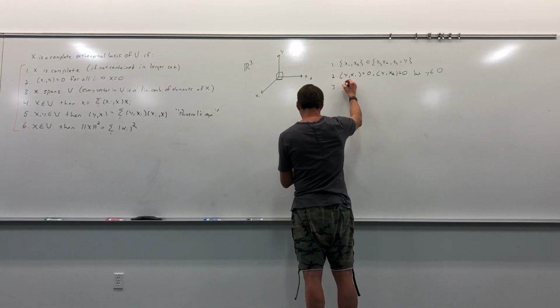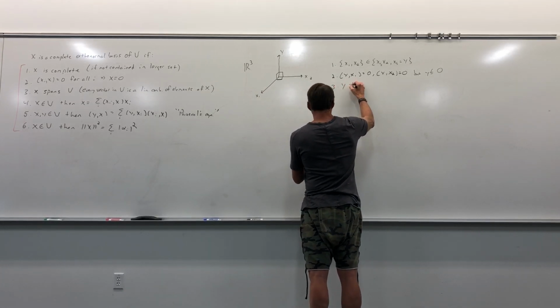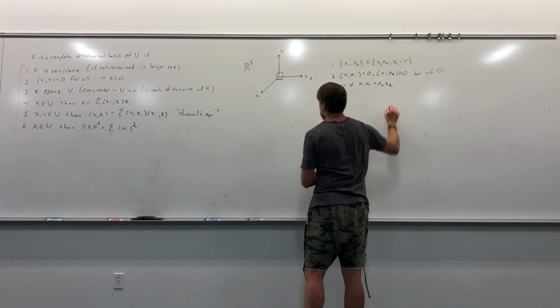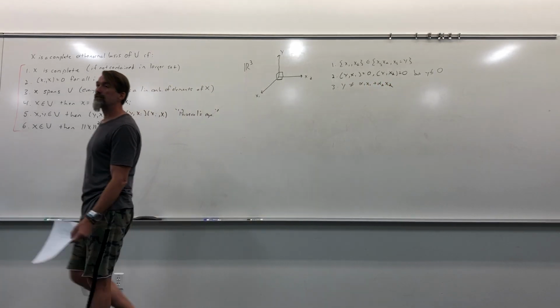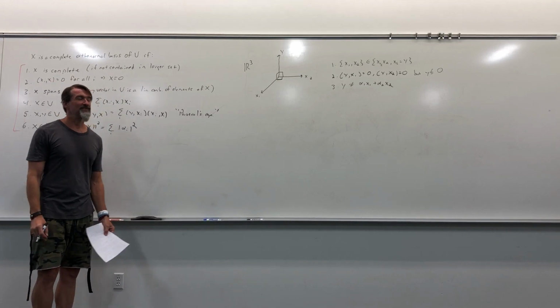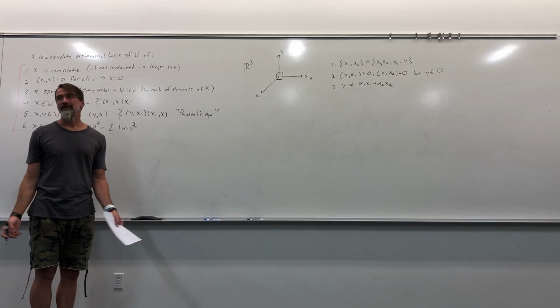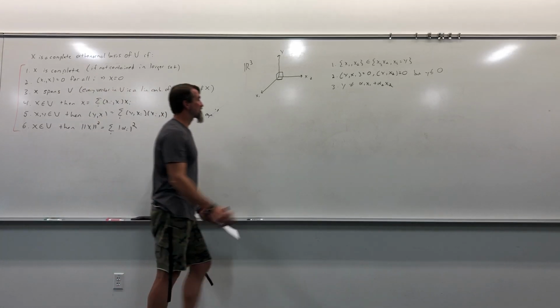3, y does not equal alpha 1 x1 plus alpha 2 x2. It can't. There's no way you can express that third orthonormal vector as a linear combination of the things it's orthogonal to.